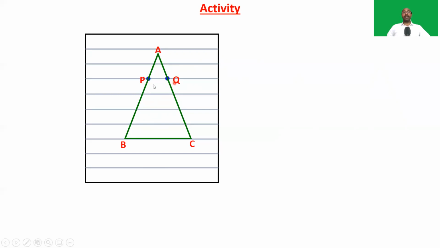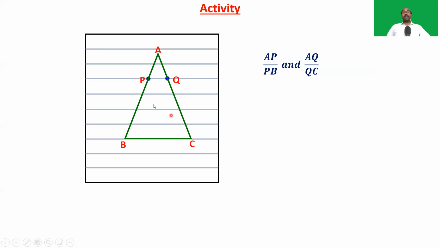Here P and Q are on this line as well as on the triangle. Now measure the lengths AP, PB, AQ and QC. Now find the ratios AP by PB and AQ by QC.